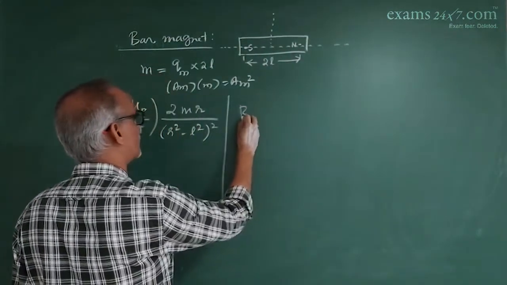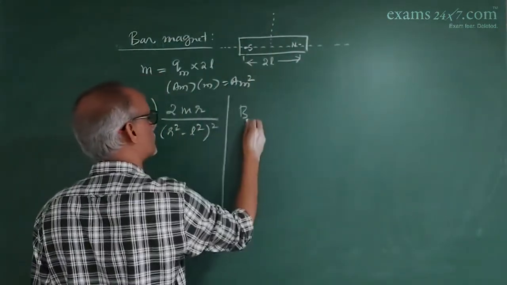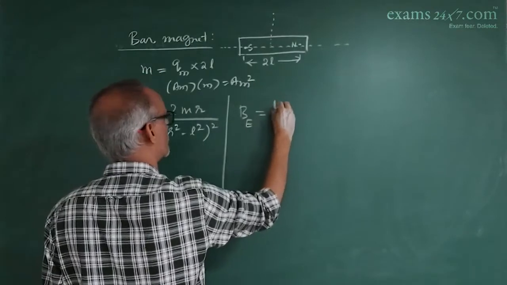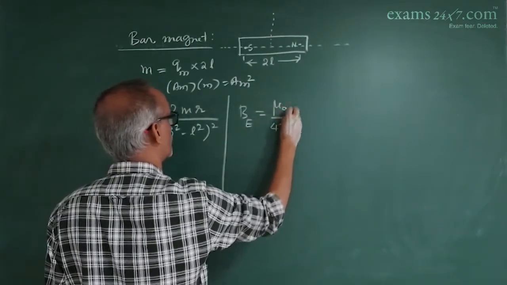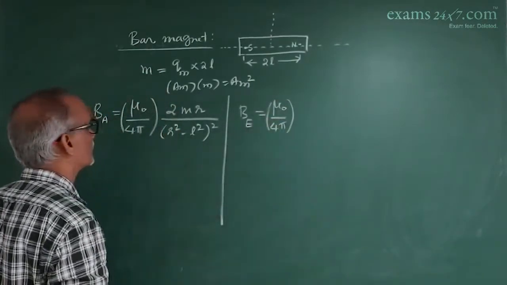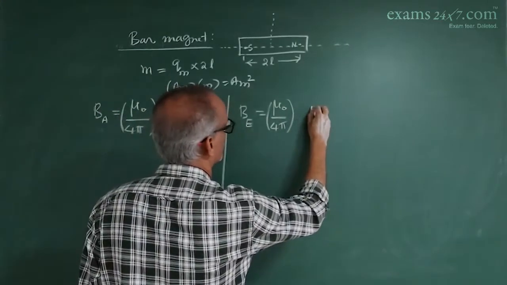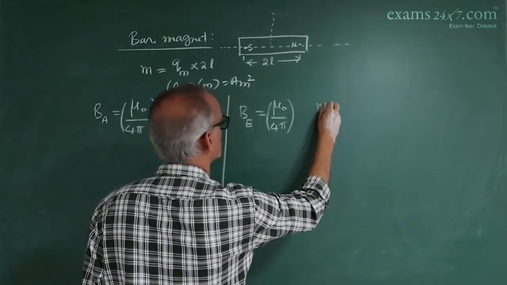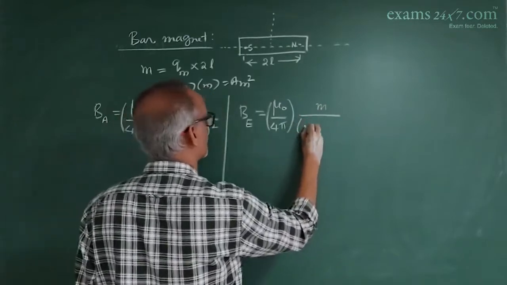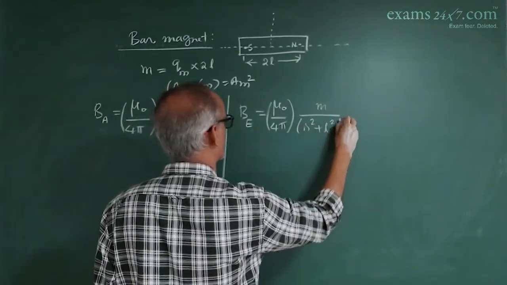Similarly, the magnetic field at a point on the perpendicular bisector, or equatorial line, is equal to mu naught by 4 pi into M by (r square plus l square) to the power 3 by 2.